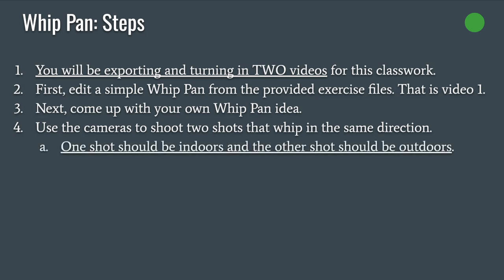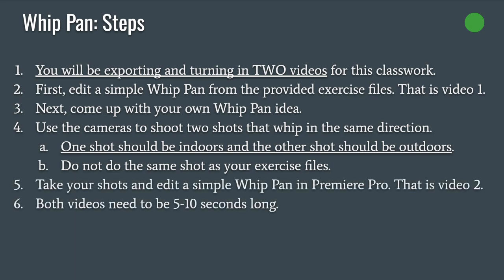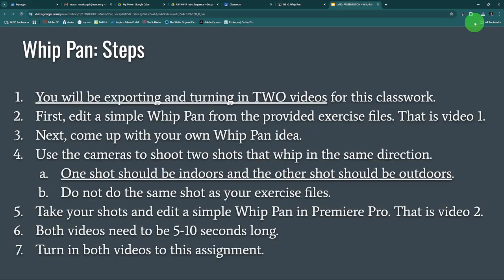One should be indoors and the other should be outdoors, so we could see that you're in 2 different areas. Make sure that your shots are, again, not the same as mine. Do your own idea. Do not copy the idea that I did. And then you'll edit them in Premiere Pro. As always, with these short effects, the video clips that you're turning in are very short, only about 5 to 10 seconds long. That's about it.